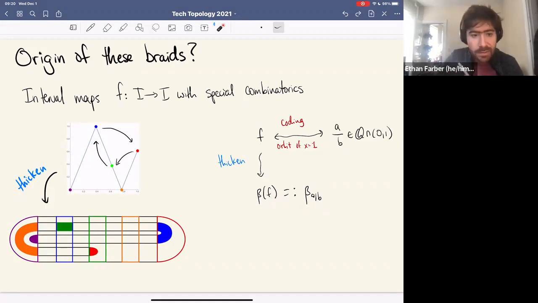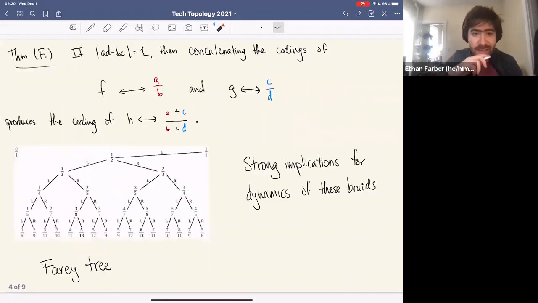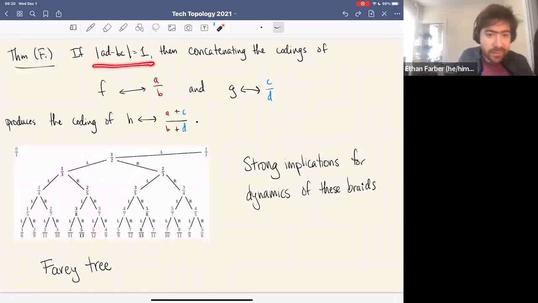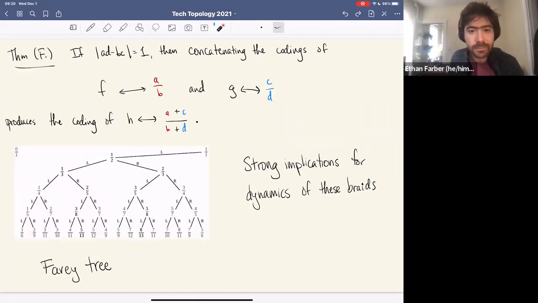Okay. This coding has a really nice property, which is that if a, b, c, and d satisfy a very simple relation, then we can take the interval map whose coding is a over b and the interval map whose coding is c over d.